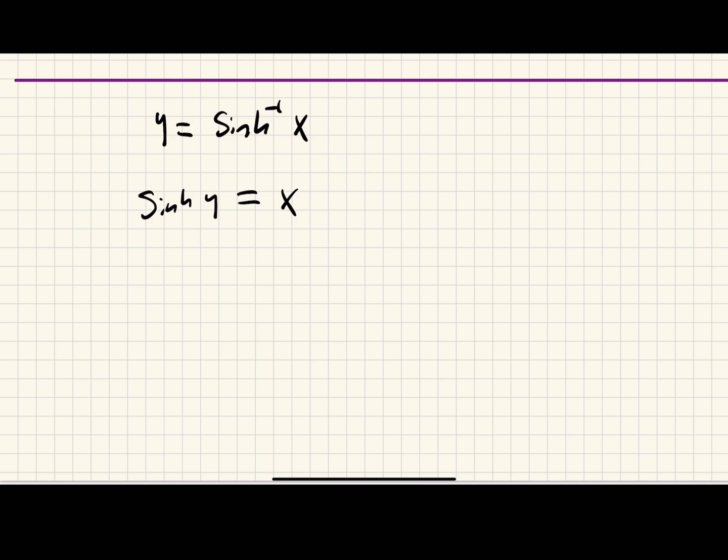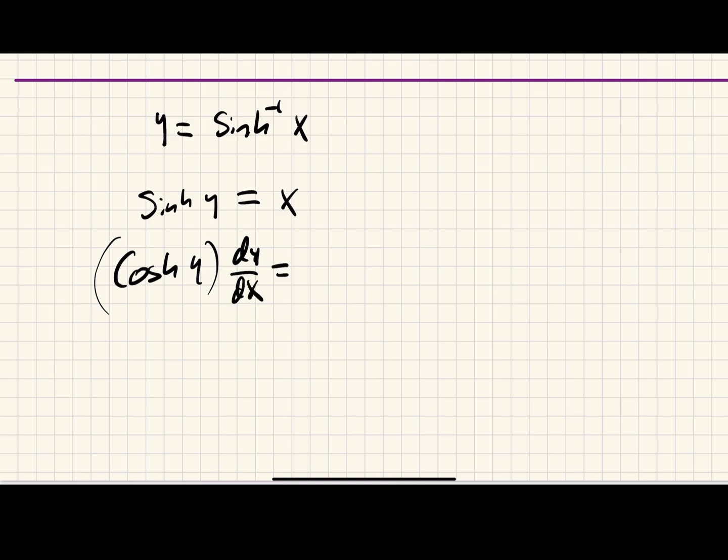So what is that derivative going to look like then? Well, outside function, that's going to be hyperbolic cosine, right? Hyperbolic cosine of y, right? But then you've got to multiply that by the derivative of the inside function, which is going to be dy dx.